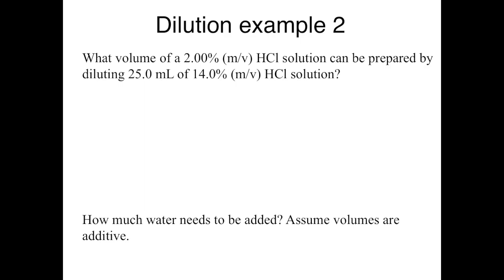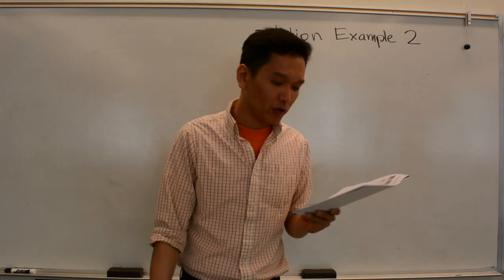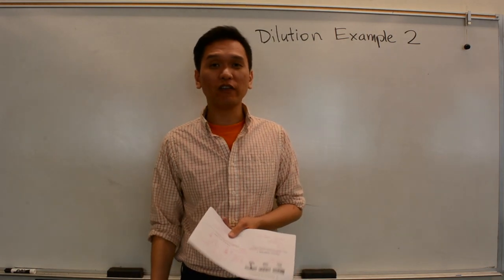This one says, what volume of a 2.00% HCl solution can be prepared by diluting 25.0 ml of a 14% solution? Okay, so again, initially we have 14% solution and we have 25 mL of that.